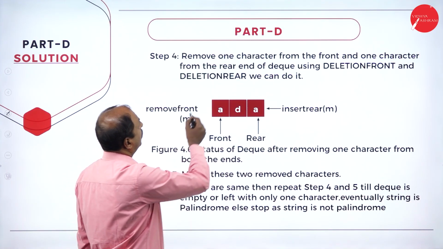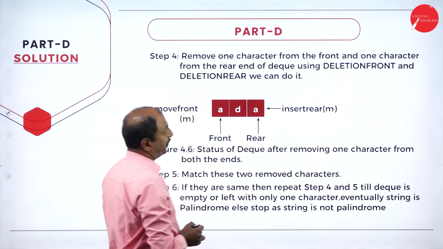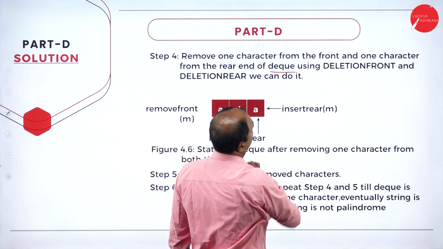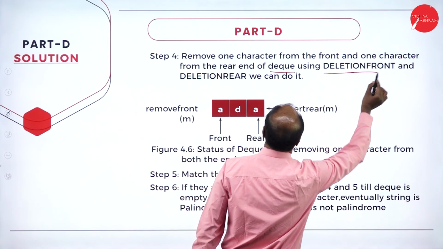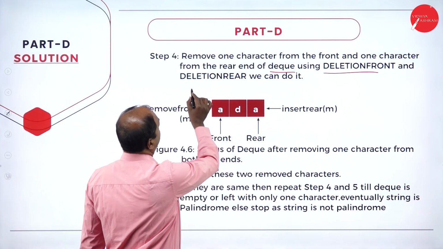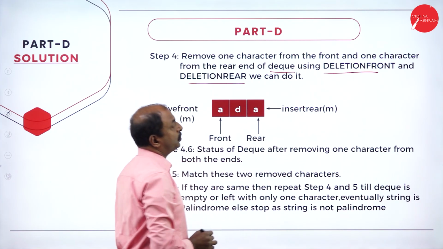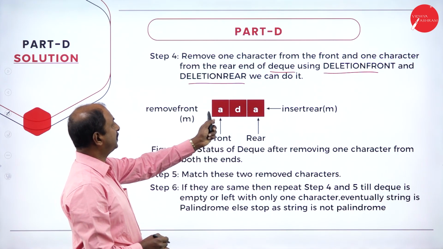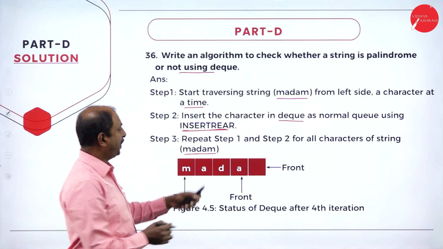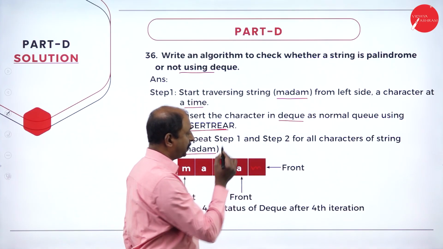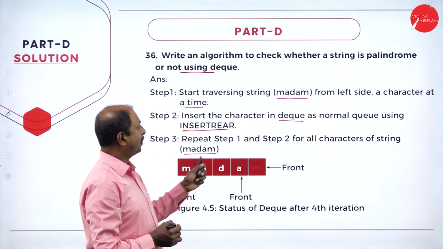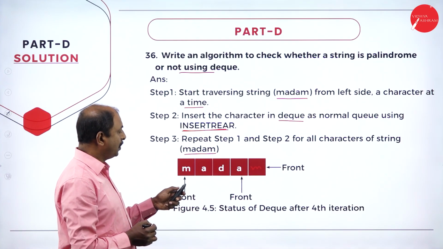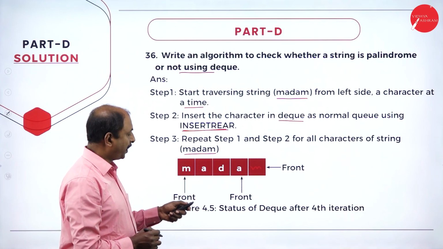In step 4, remove one character from the front and one character from the rear end of the DQ using the delete front operation and delete rear. If you look at the string here, for example MADAM, after inserting all the elements we have to repeat steps 1 and 2 till the end of the string.